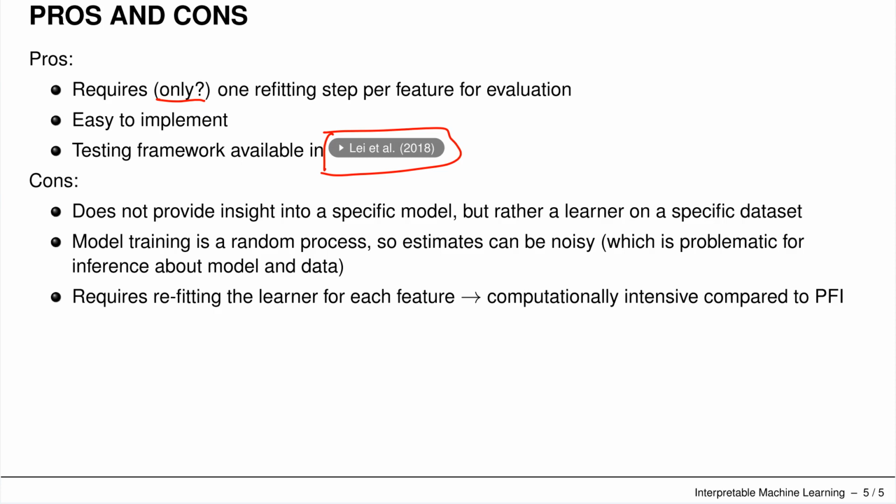And it also requires refitting the learner for each feature. So you save the several rounds of perturbations of PFI, but you have to refit, and this is especially computationally intensive if a model is expensive to train, but not so expensive to predict with, as you have it with neural networks.